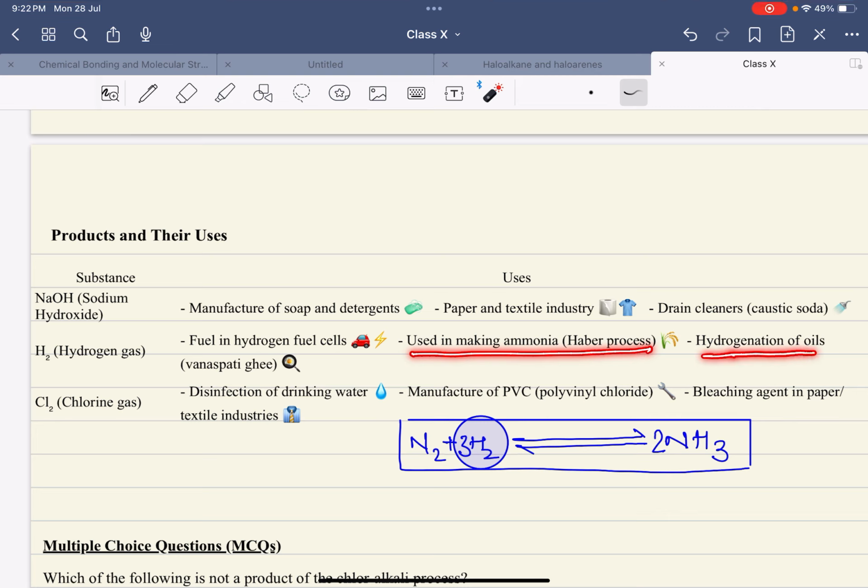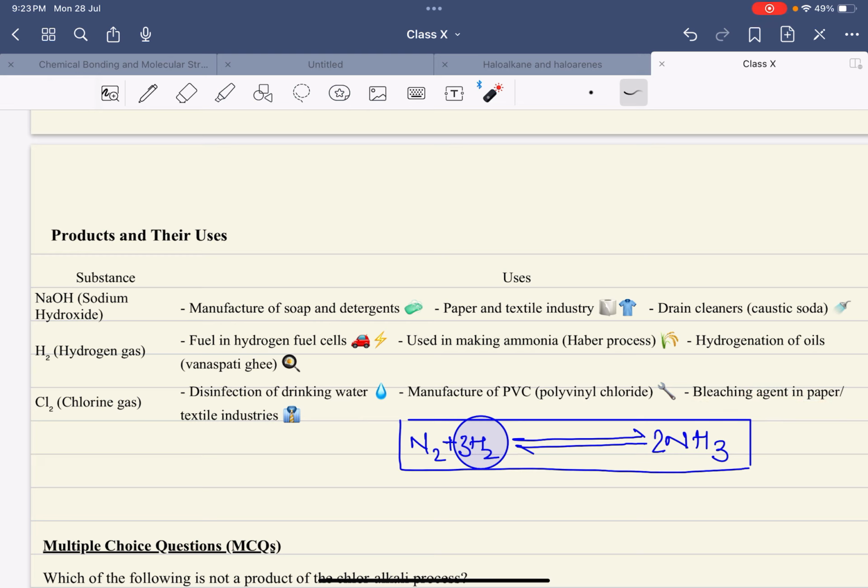Hydrogenation of fats and oils, like manufacturing of dalda or ghee from unsaturated fat, known as banaspati ghee. Then chlorine gas is used in drinking water for disinfection, in textile industries, in manufacture of PVC, that is polyvinyl chloride, and as a bleaching agent in paper industries.